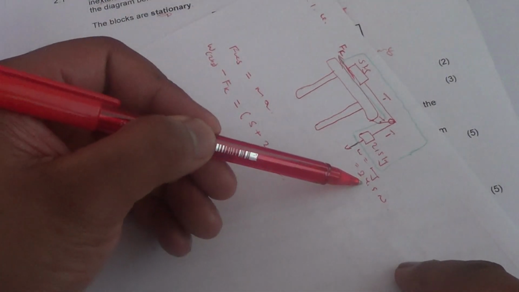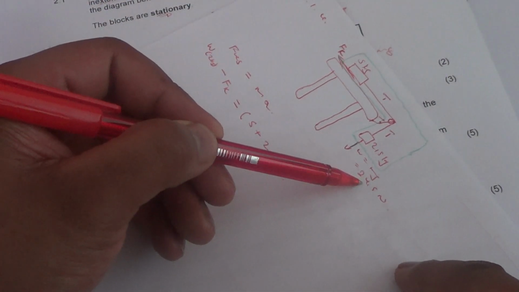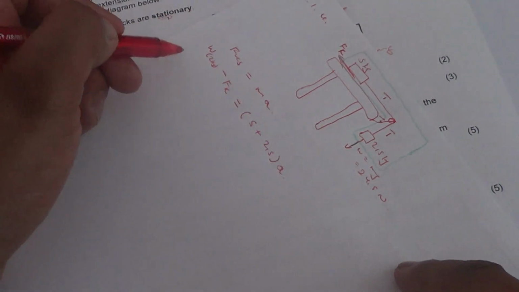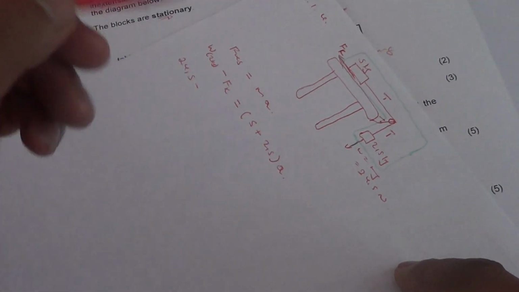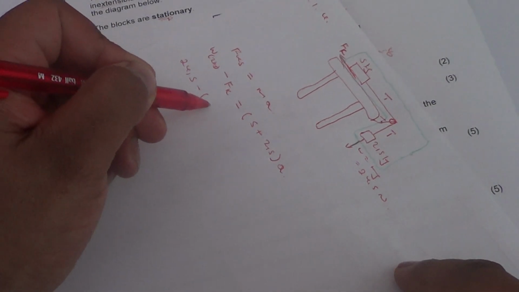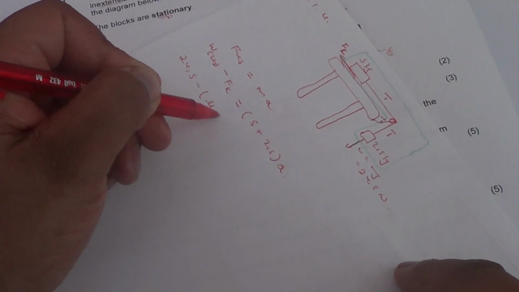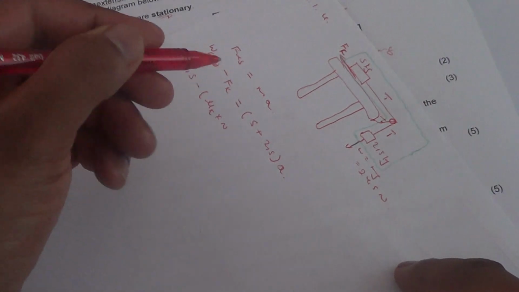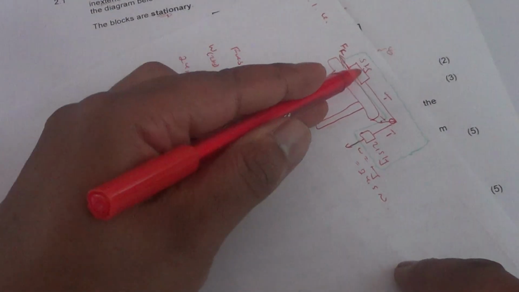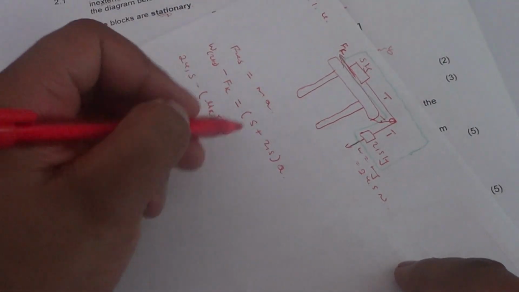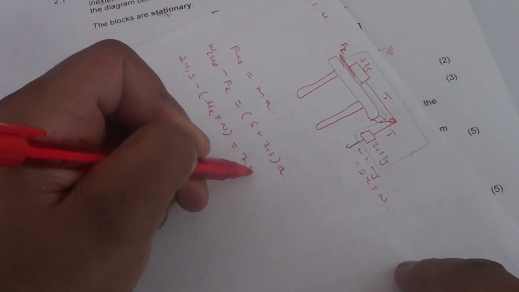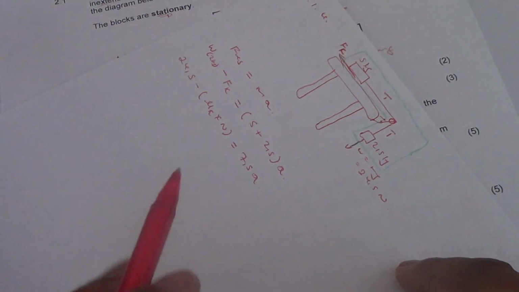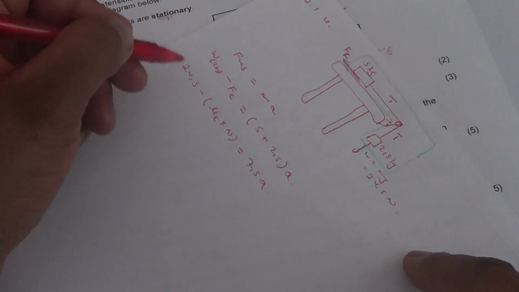So we already know that the weight of this 2 kilogram block is 24.5. So we will have 24.5 minus the kinetic friction multiplied by the normal force of that 5 kg block, which equals 7.5 A, because we still want the acceleration.